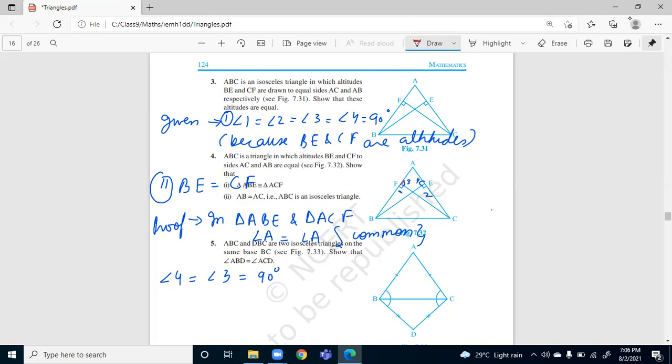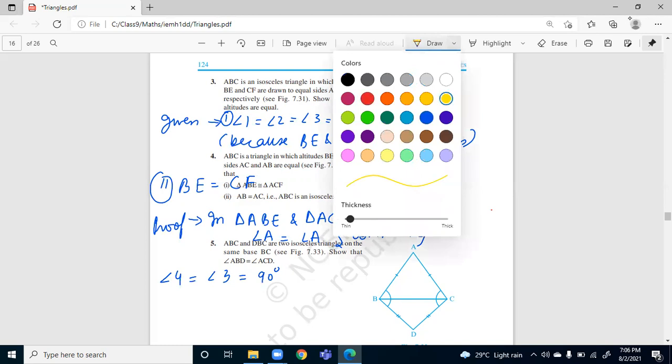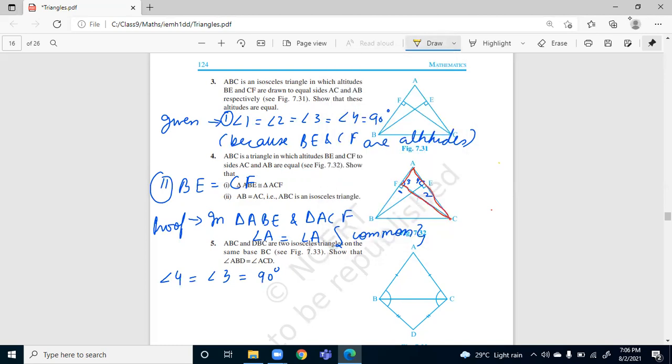We are talking about this ACF, and we are talking about ABE. So you can see in ABE and ACF, angle A is common and angle 3 is equal to angle 4, that is 90 degrees.